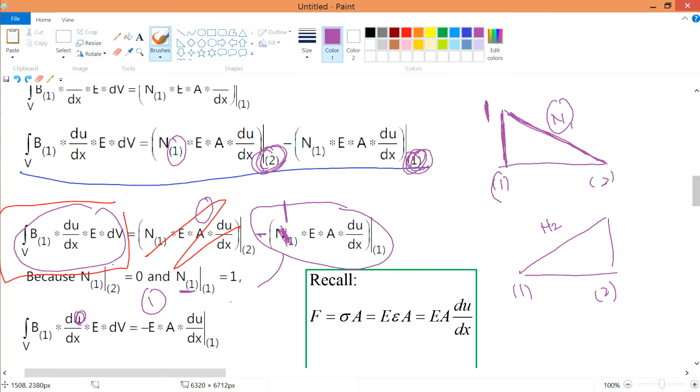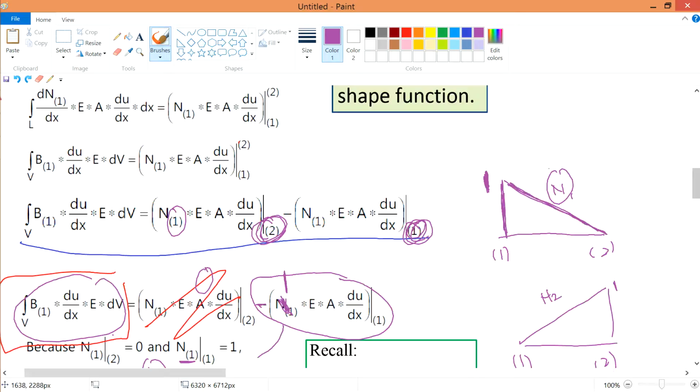At node 1 you have 1, a unit vector. At N2 you have 1 at node 2, a unit vector. And you multiply by however much U1 is. If you have a U1 that is times 2, then you will have a 2 over here, and this is N1. So this tells you that your displacement has changed in this manner.